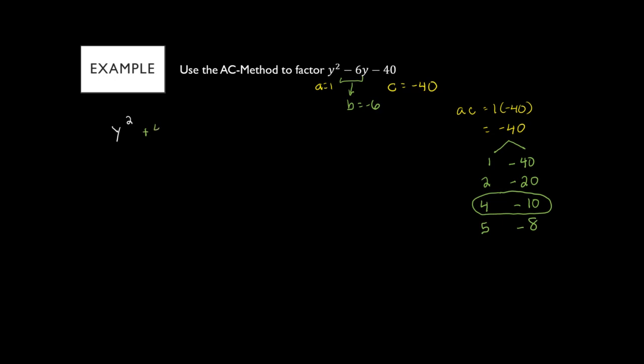I have 4, so that's going to be plus 4y, and then another plus, then plus -10y. I have that y there because my middle term has y, and then I have -40. So we have just taken that middle term and split it up so that now we have 4 terms.